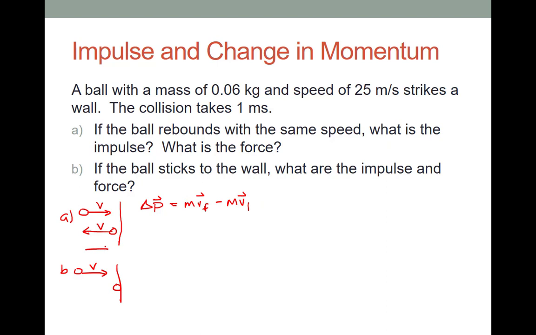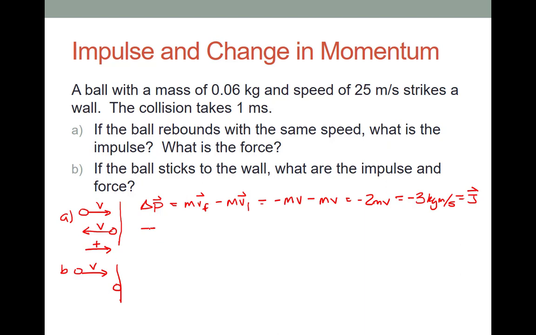So I'm going to let the initial direction of the velocity toward the wall be positive. So the change in momentum will be a negative mv minus mv, or negative 2mv. And if I plug numbers into this, it works out to be negative 3 kilogram meters per second. And that is my impulse.